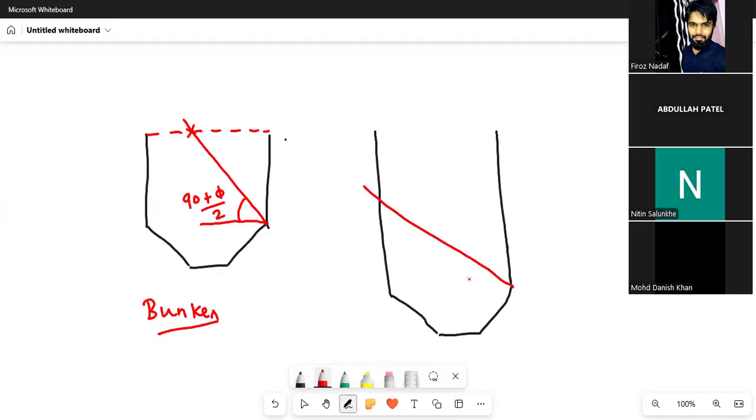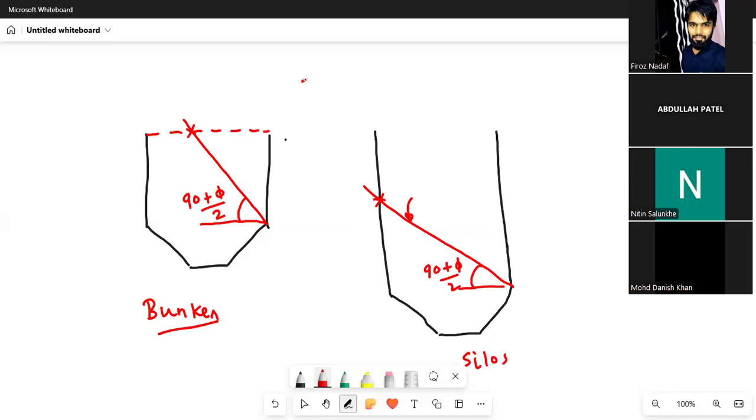And if that line, with the same angle 90 plus phi by 2, touches the opposite wall, it is not touching the horizontal surface because the height is so large. So it is touching the opposite wall. If this line touches the opposite wall, then that type of bin is called a silo. What is phi?